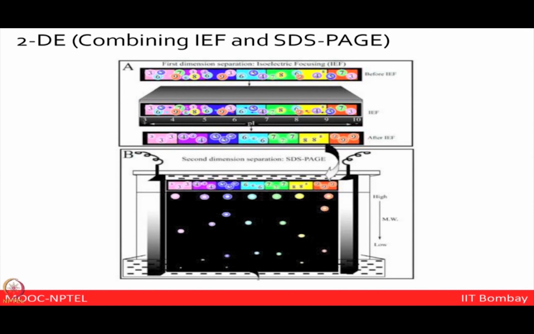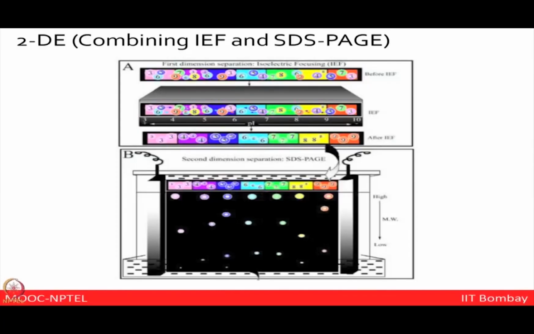Once you have done the first dimension separation, then put the same strip on the SDS-PAGE gel unit, and now you can separate proteins in the second dimension based on their molecular weight. So, then eventually you generate an image which is shown in this particular spot, where you can obtain information for each protein at their molecular weight as well as isoelectric point level.